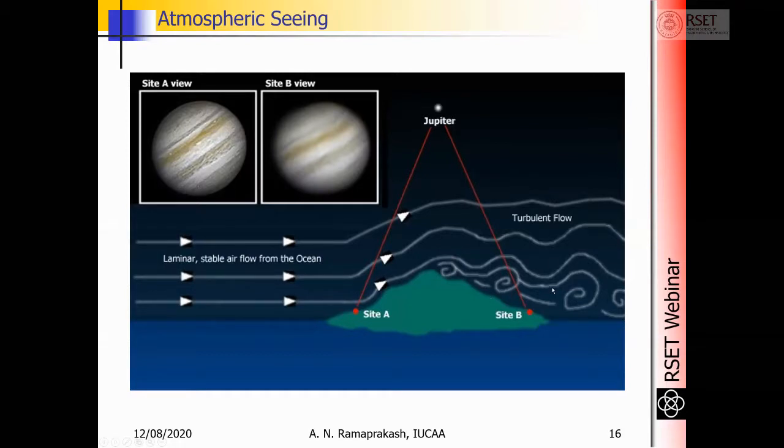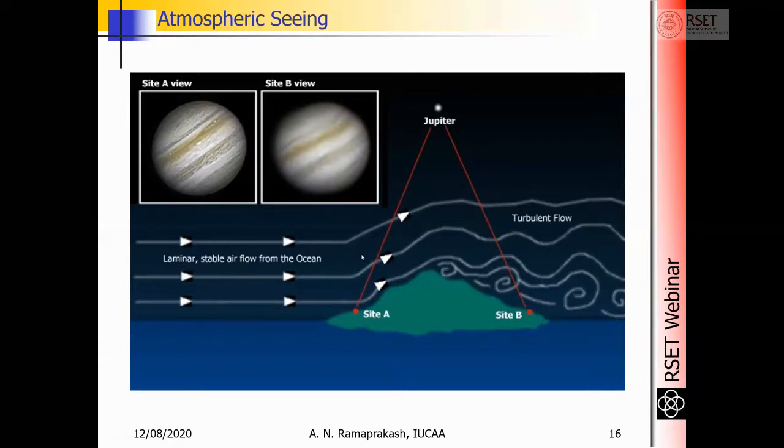And eddies and structures start forming within the air pattern. Now, if I locate an observatory here and look at Jupiter using a telescope, the light is passing through by and large undisturbed atmosphere. On the other hand, if the observatory is sitting here, the light coming from Jupiter has to pass through this disturbed atmosphere.